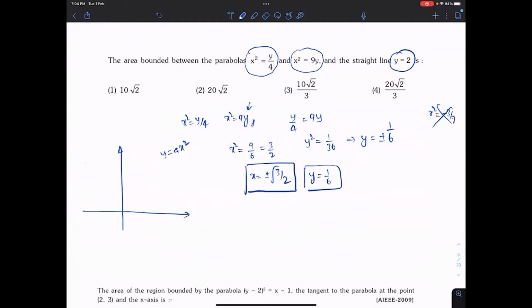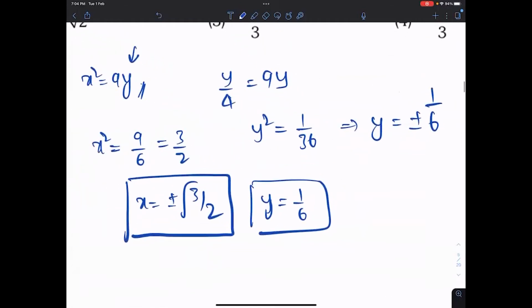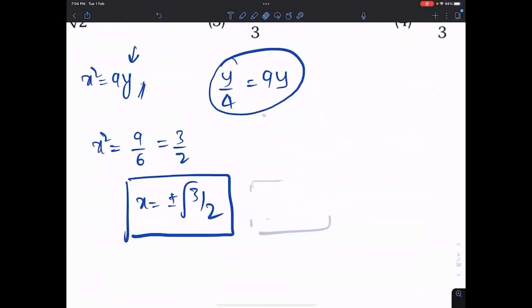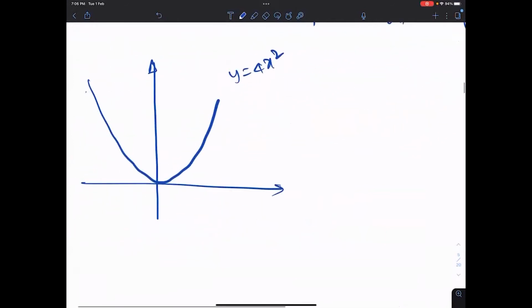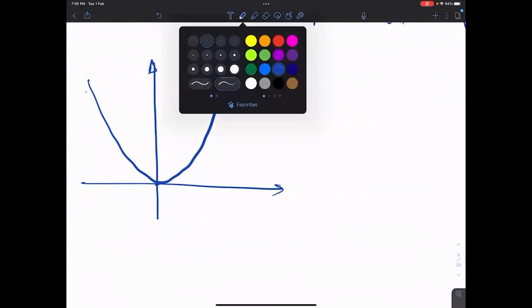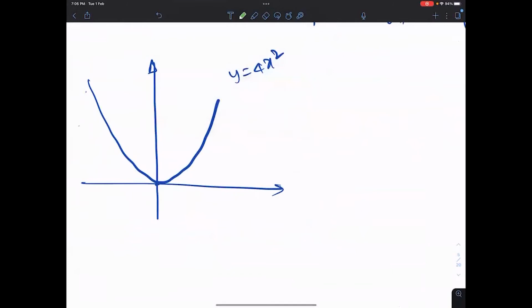Yeah, they don't intersect actually. That's what I was wondering. Because here I made a mistake. When I equate these two, what happens? How will I get y square? I'm very sorry. Already you would have texted in the chat box, but I couldn't see with the screen share on. Sorry, guys. So if I equate these two, I'll simply get y equal to 0. Only one point of intersection, that is at origin. That's all. So the second graph will be something like this.